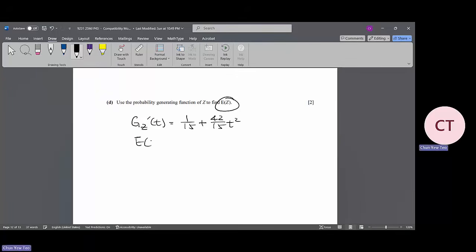Then the expected value will be the G prime 1. It will be 1 over 15 plus 42 over 15. That will give you 43 over 15. Done. This will be the answer for the question number 6D.